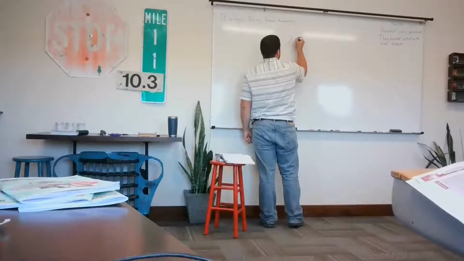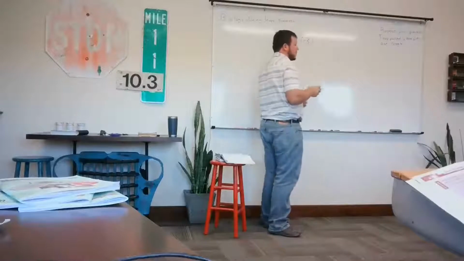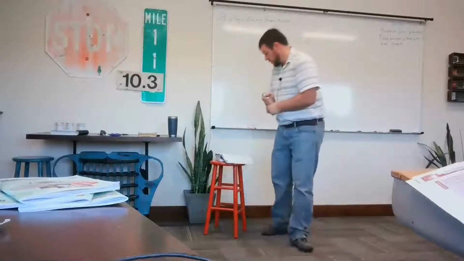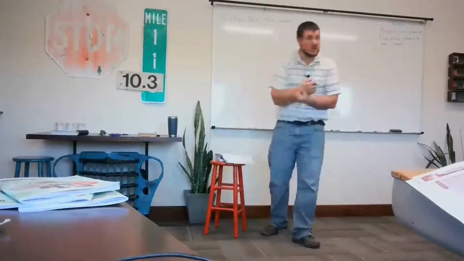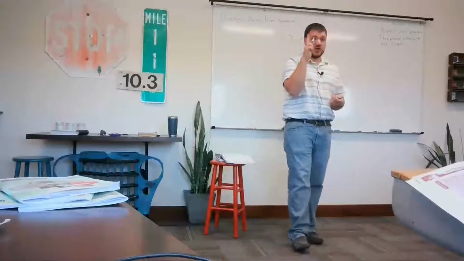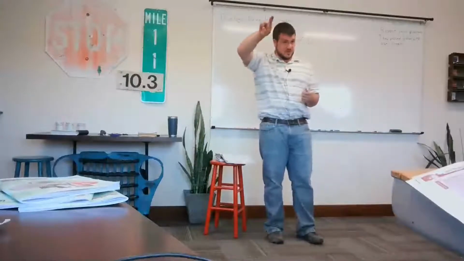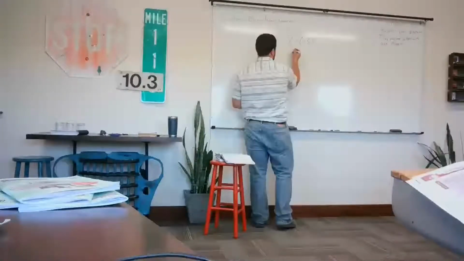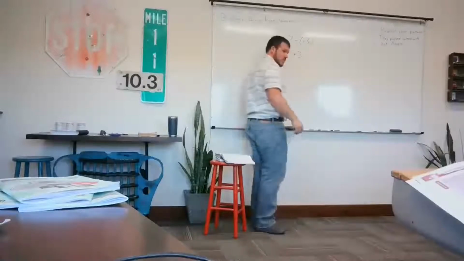If we have 7 minus -3, what do we do? What's our system? Change the subtraction sign to addition. Basically, if you have 2 negatives, you add the opposite. Two negatives make a positive, so you do 7 plus 3.